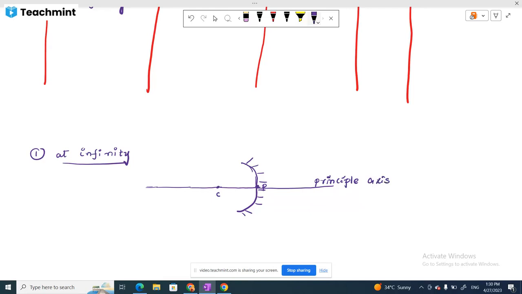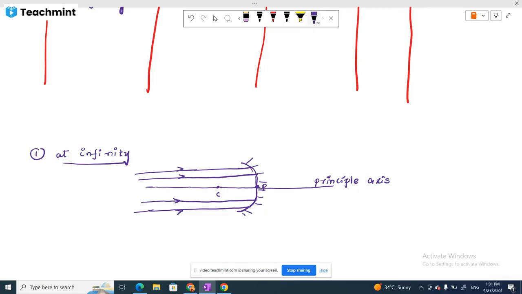Now generally we can assume that if the object is at infinity, all rays are close to each other and they are parallel. So all rays parallel means the object is at infinity. These are the incident rays coming from the object at infinity.